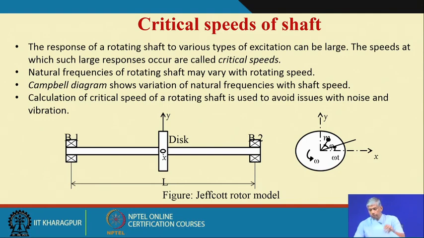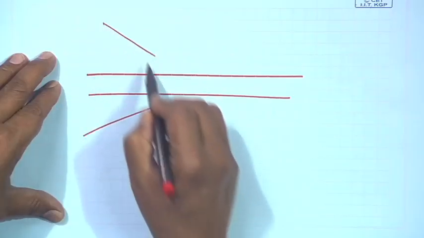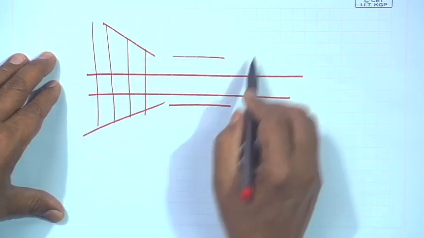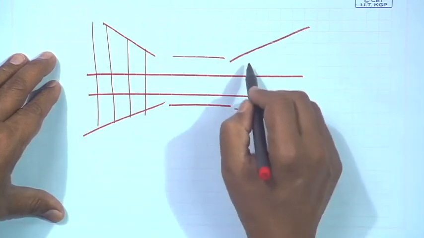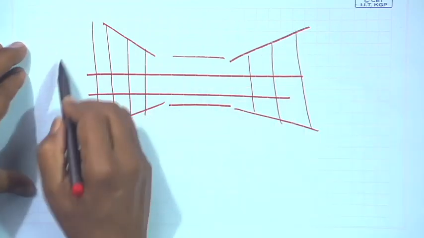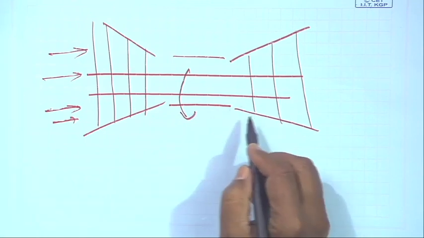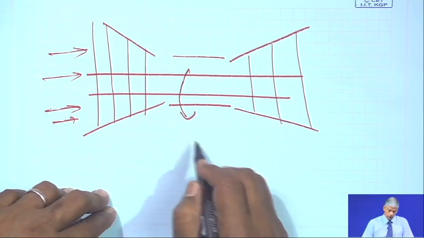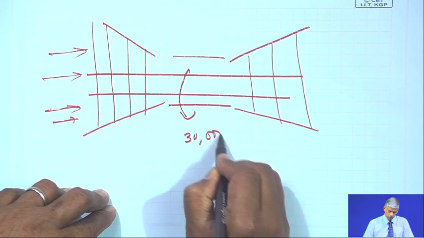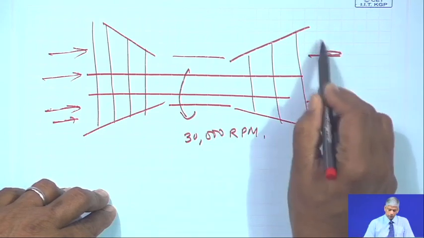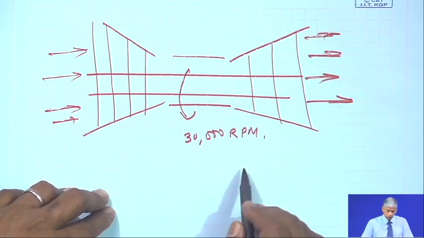If you think of a gas turbine, there will be sets of compressor blades, multiple stages of compressors, and then of course the combustion chamber and then the turbine. Okay. So, air going in and this shaft rotating at very high RPM, 30,000 RPM. Imagine the exhaust coming out and then you get the thrust.